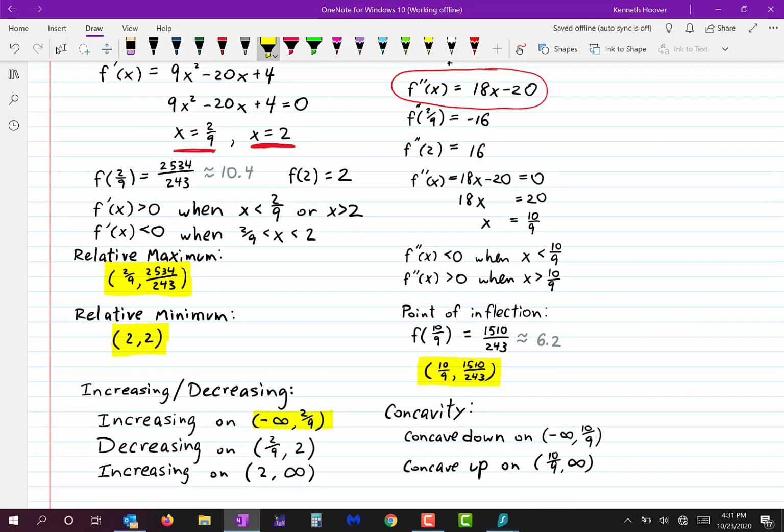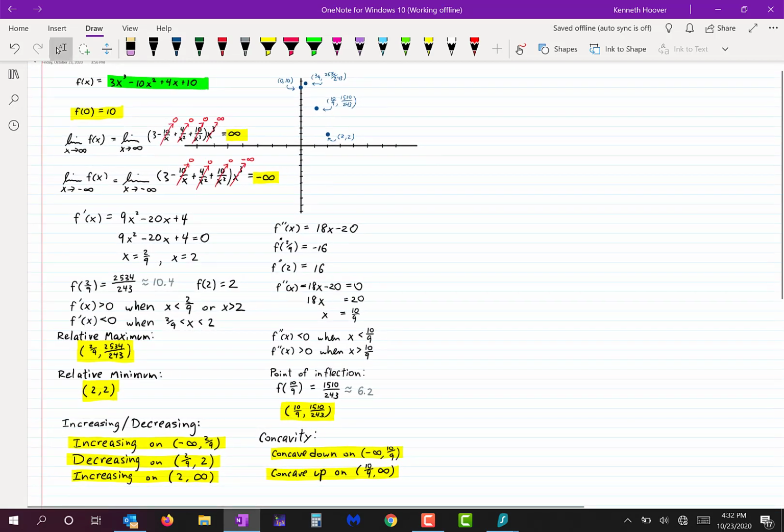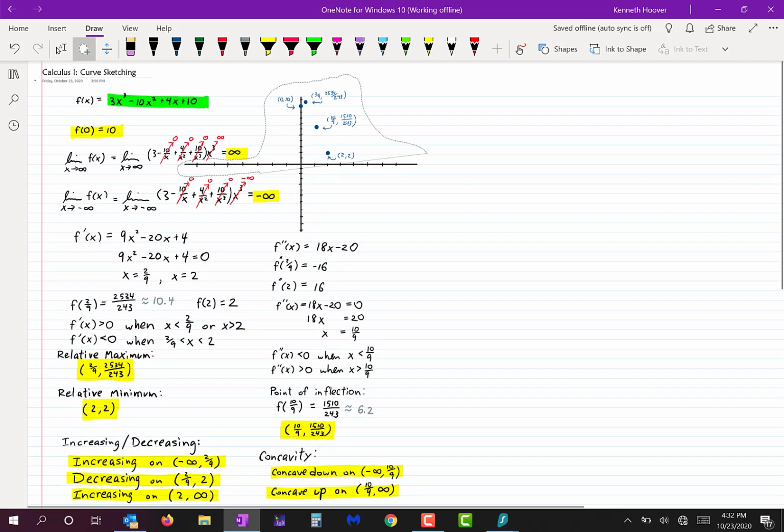We found out when the function is going up and when the function is going down. We found out when it is concave up, when it is concave down, and we found a point of inflection. That's a lot. So that's everything we've done for this function. We've got some of it in the picture already. Let's go ahead and just add the rest.